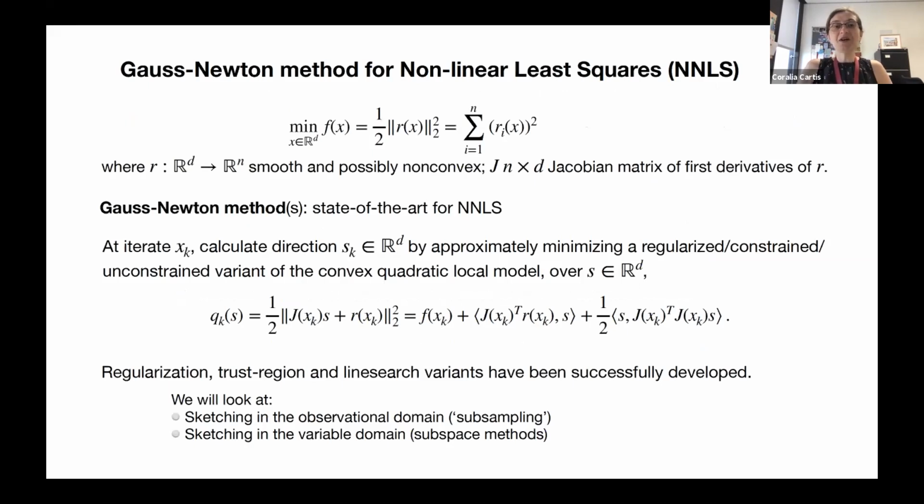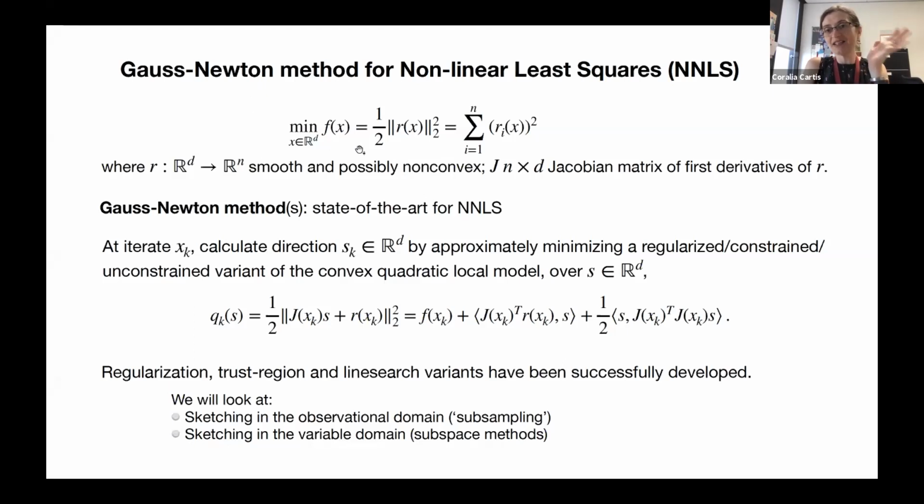All right, so Gauss-Newton methods for nonlinear least squares, the bedrock of really the most successful method for solving nonlinear least squares problems. So we have a function f that's a sum of squares of residual terms Ri. So r goes from Rd to Rn.